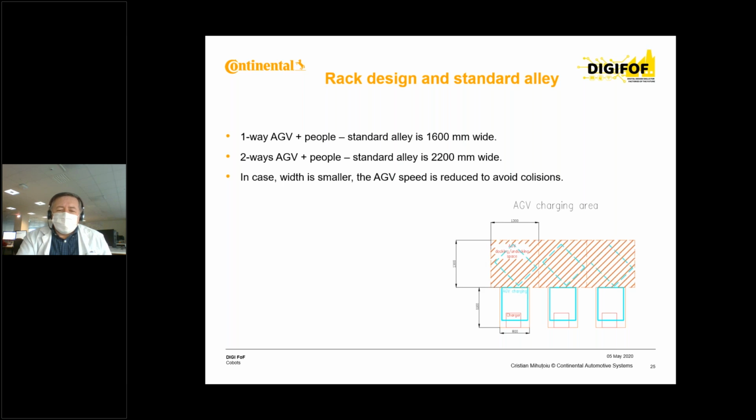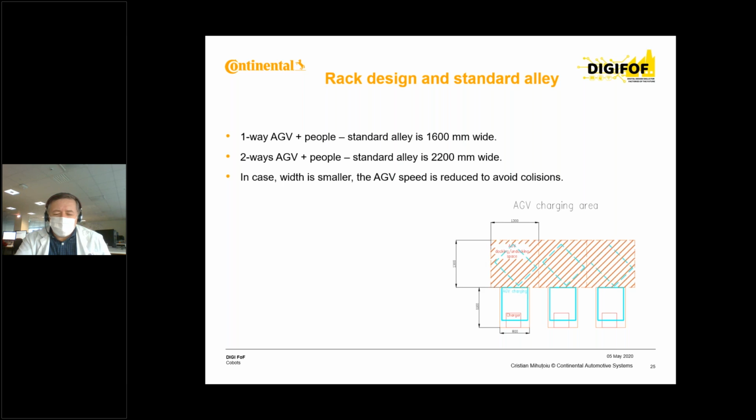In case the width of the alley is smaller, the AGV needs to reduce the speed in order to avoid collision. But this speed reduction will increase the transport time and reduce the efficiency of the transportation.